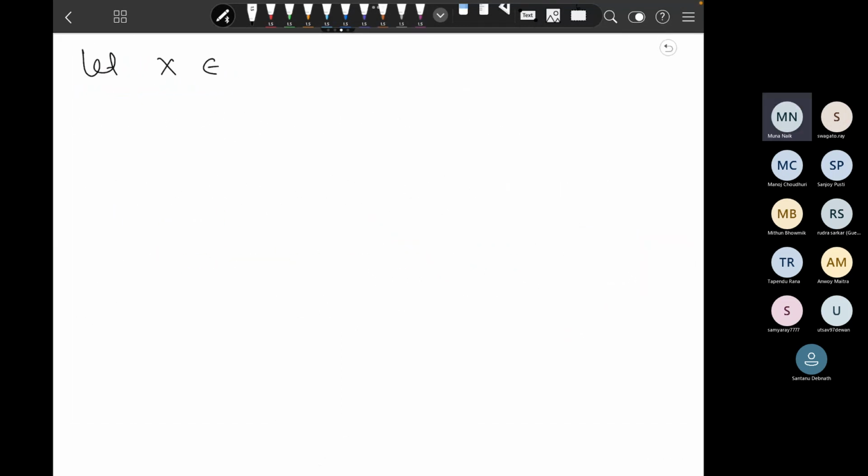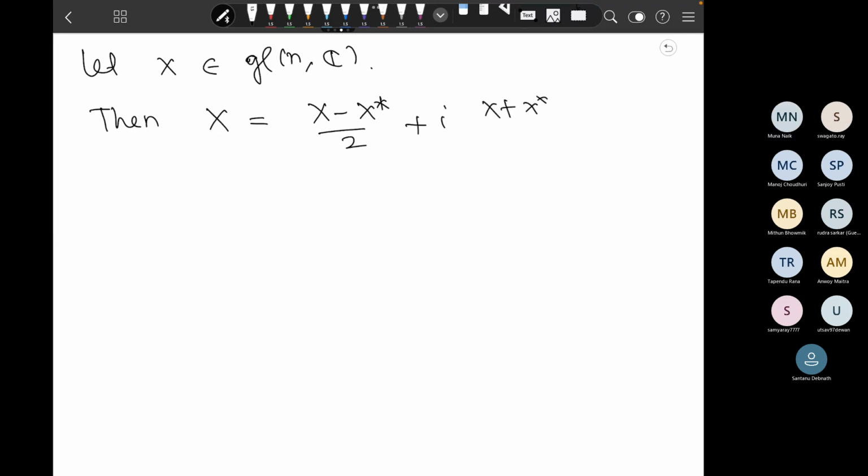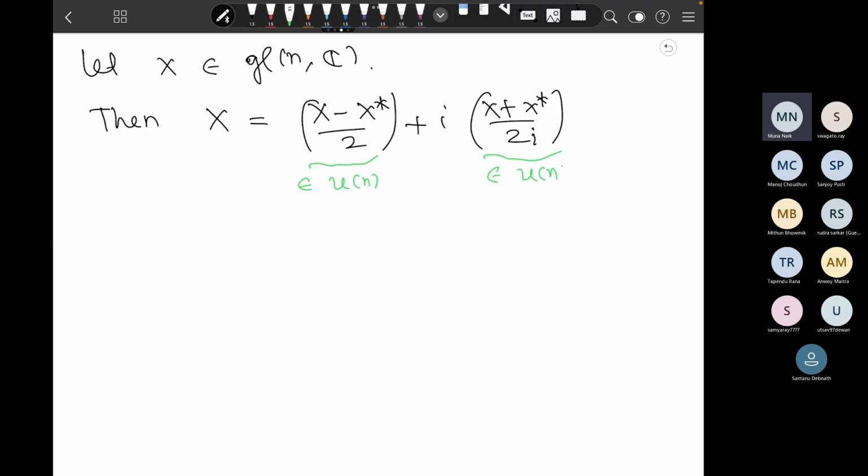Let x belong to GL_n(C). Then x can be uniquely written as (x minus x star)/2 plus i times (x plus x star)/2i. This is a skew-Hermitian matrix, and this is also a skew-Hermitian matrix. So this belongs to u(n), and this belongs to u(n), and this representation is unique.